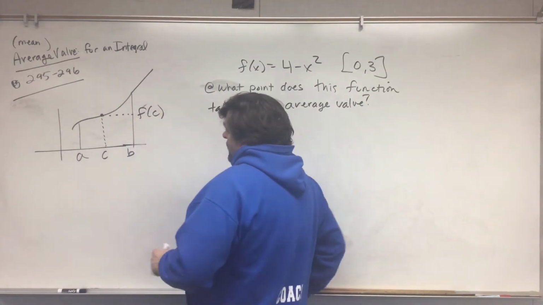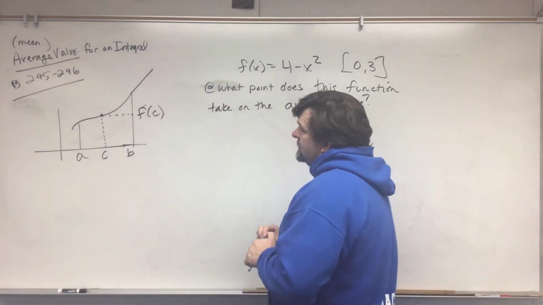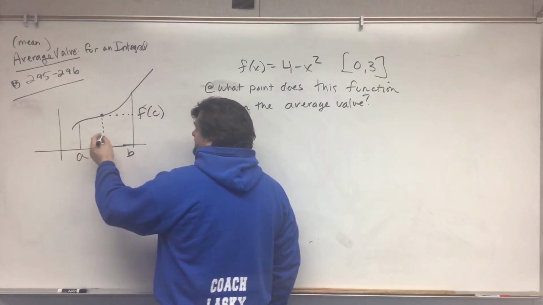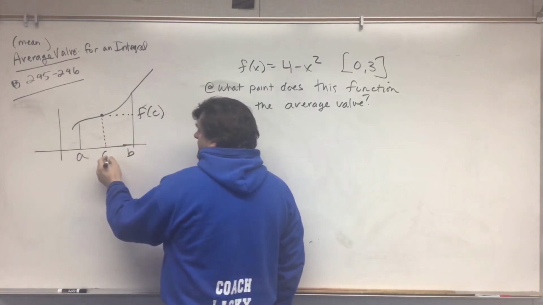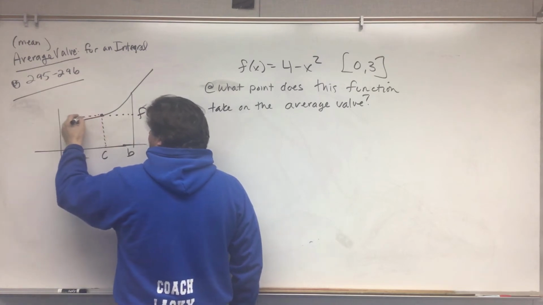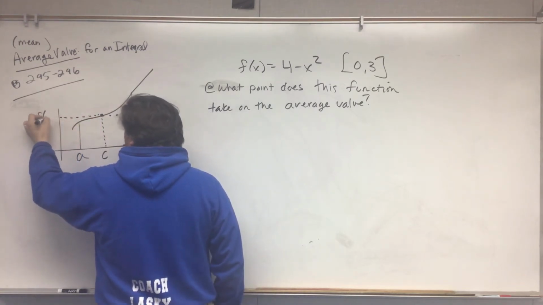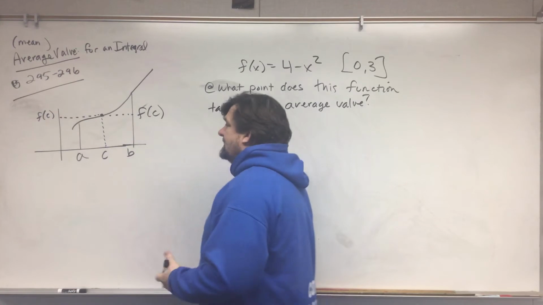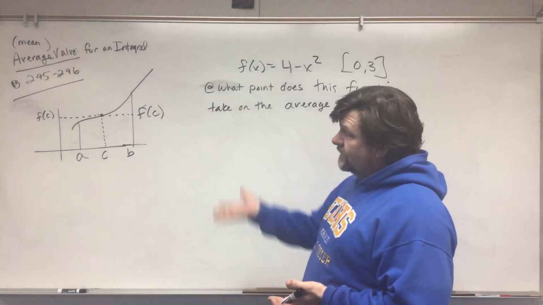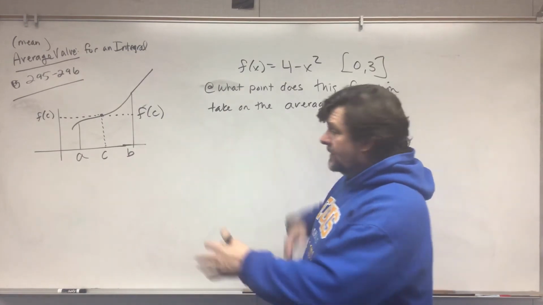What we're looking at is the idea that there's some value of c, and that value corresponds to a y value that gives us our average height of the rectangles going across here.